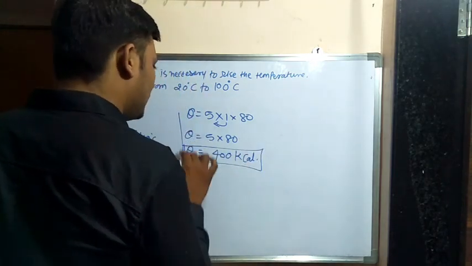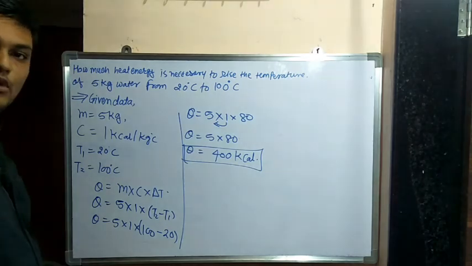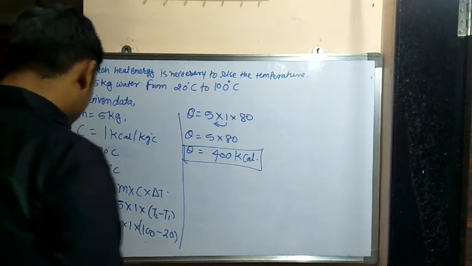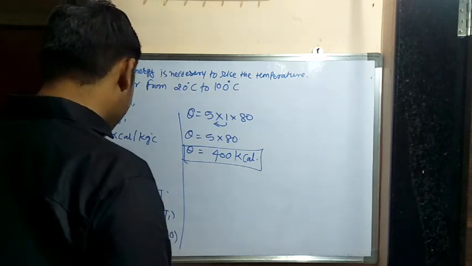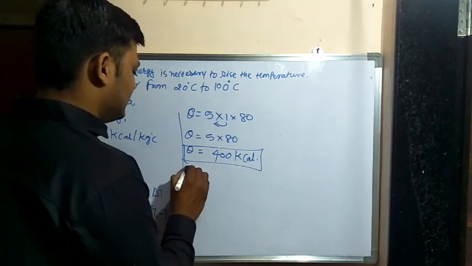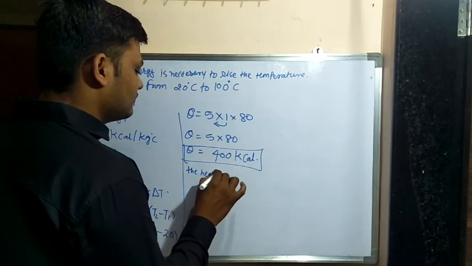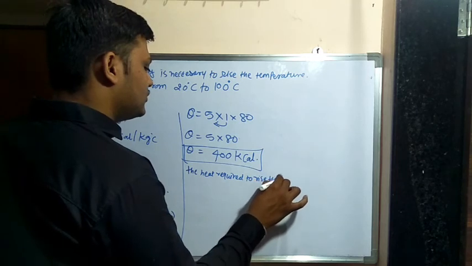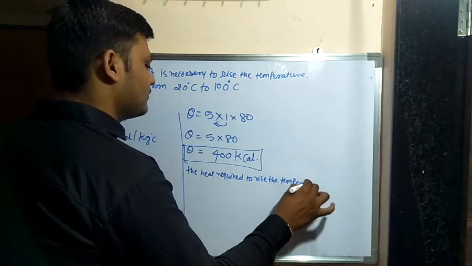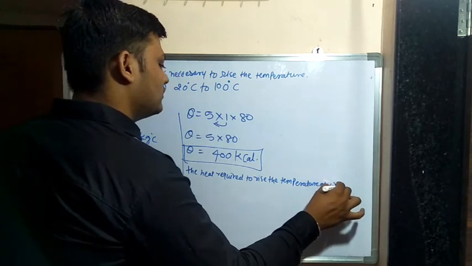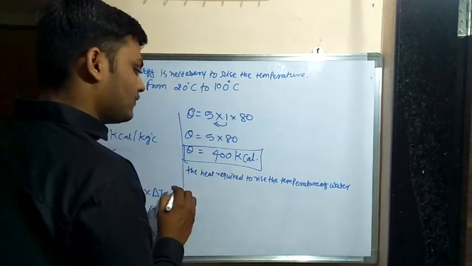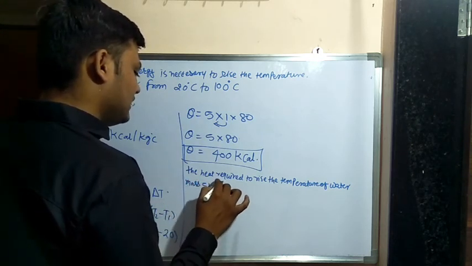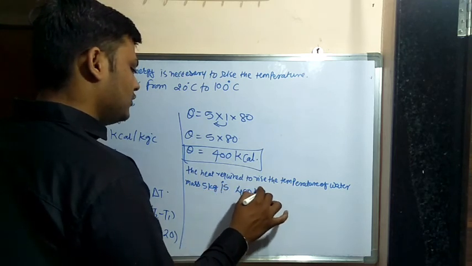So we can see that the heat energy necessary to raise the temperature of 5 kilogram of water is 400 kilocalorie. The heat required to raise the temperature of water of mass 5 kg is 400 kilocalorie.